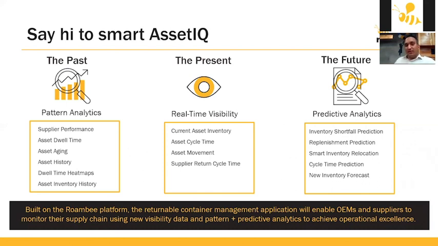So the coordination goes across multiple facilities through automation, if we are integrated with your systems, or through traditional phone calls and SMSs to say, hey, can you route this asset to this other supplier, because this is the most optimal way of working your returnable asset operations.